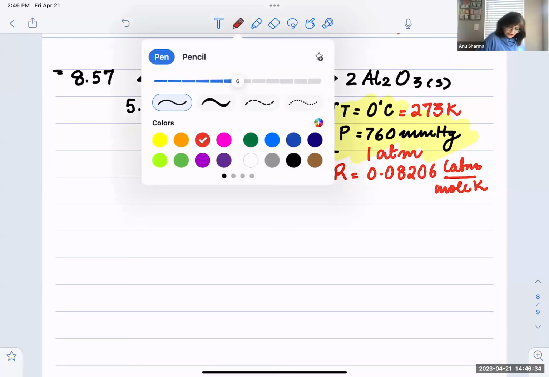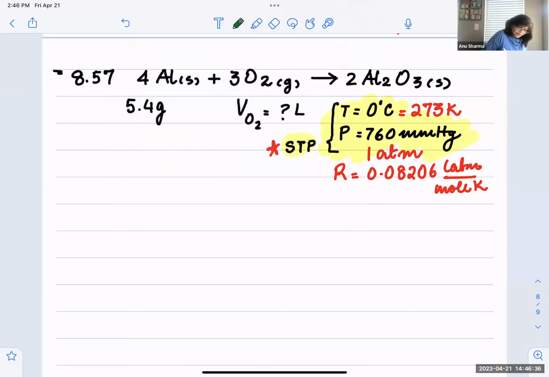Okay, so same strategy. First thing is convert the grams of aluminum to moles of aluminum.